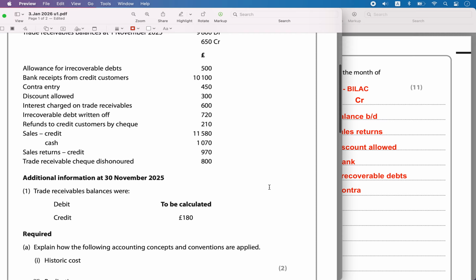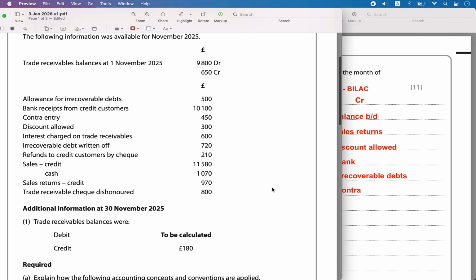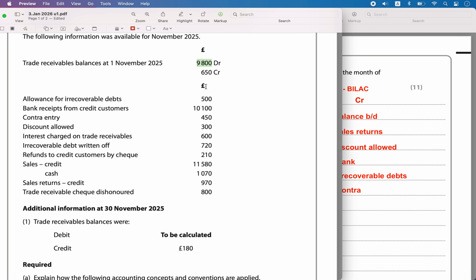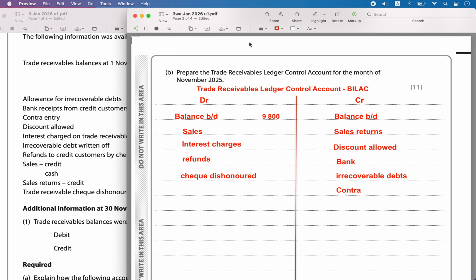Now let's start putting in the figures, and then we will balance out on either side. The first one is the trade receivables balance at the beginning. At the beginning it was 9,800 on the debit side, so 9,800 pounds.